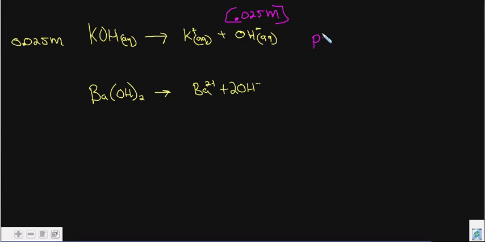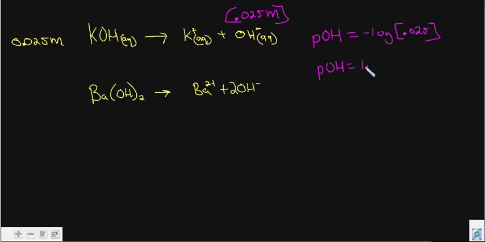So what I can figure out is my pOH. So my pOH I know is going to equal the negative log of my hydroxide ion concentration, which in this case is 0.025. So what does that equal? So if I take 0.025, my pOH is going to be 1.6.